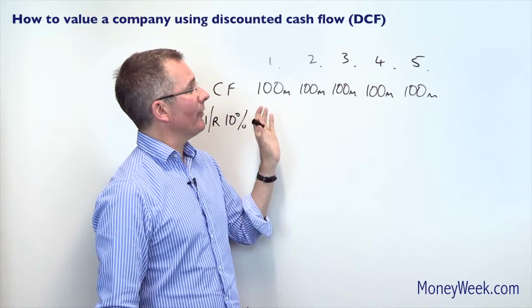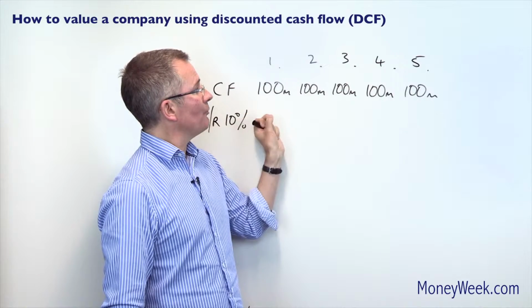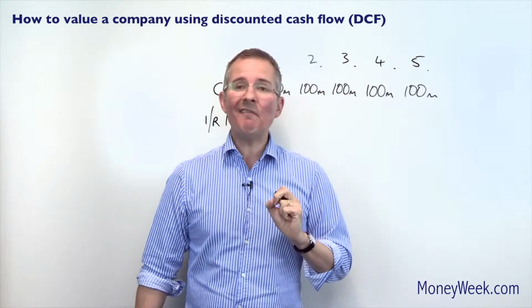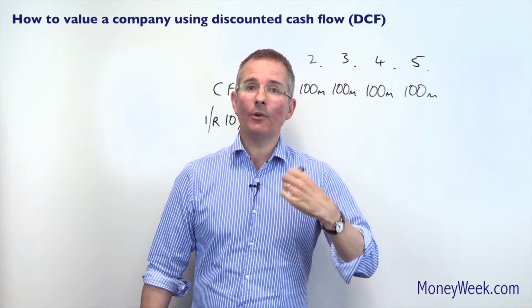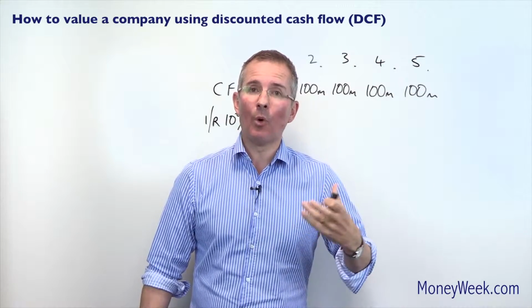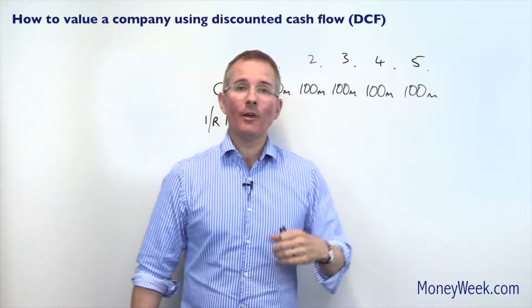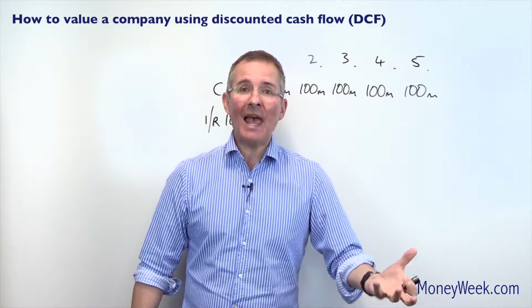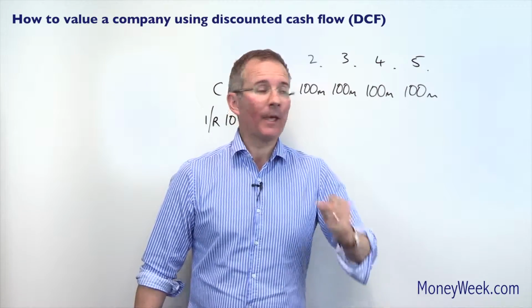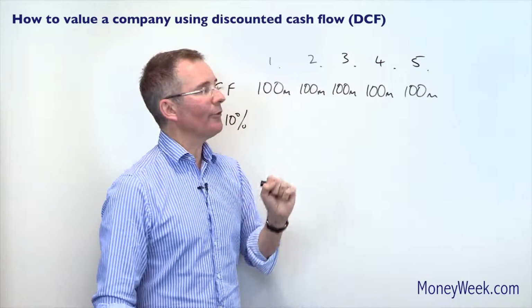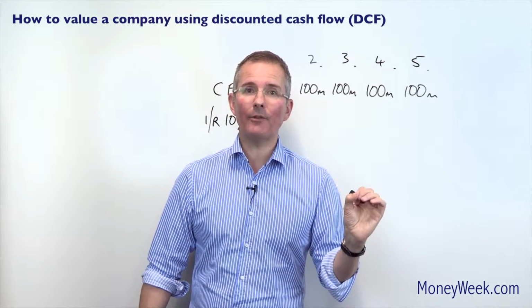And the reason for that is that if you've got 100 million in a year's time, you could be investing it, if you want to see it this way, to earn interest at 10%. So it's worth more to you than 100 million received in 4 or 5 years' time, because that can't be invested now to earn anything. So money has a time value.